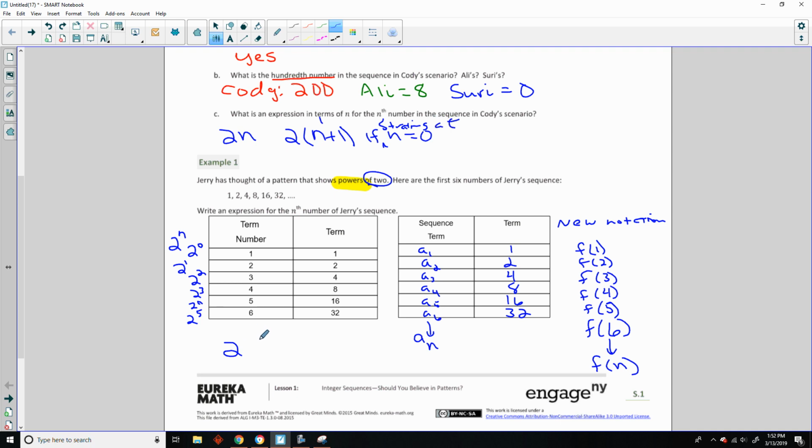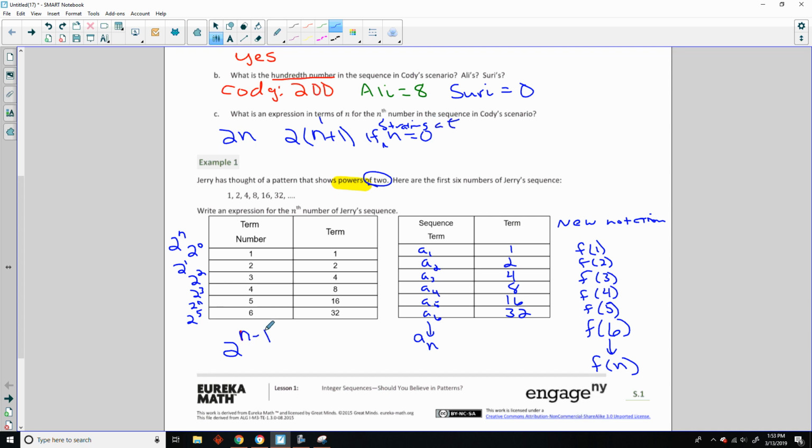What power in terms of n? It can't just be 2 to the n because the first term would be 2 to the 1, which is 2, and that's the second term. So what do we have to do if n is 1? If n is 1, what do we have to do to get 0? Well, we have to subtract 1 from it.